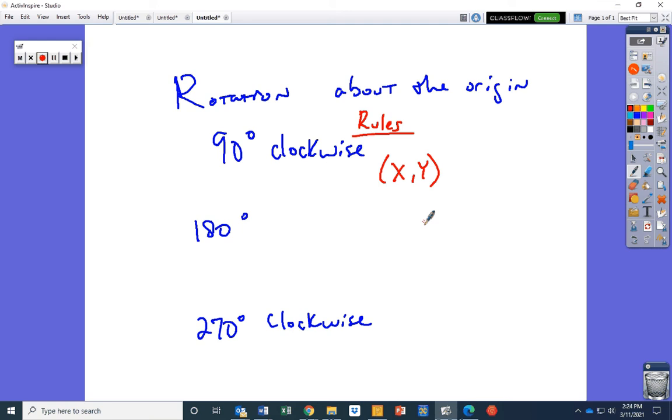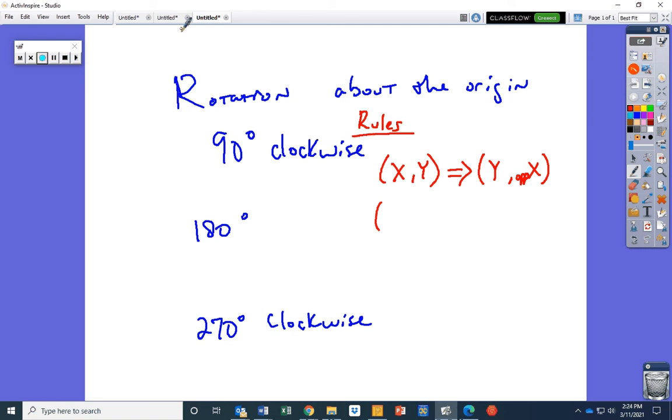If I rotate it 90 degrees clockwise, I'm first going to flip them, so that my y becomes x, and my x becomes y. But my x becomes the opposite. What does that mean? Let me show you an example.